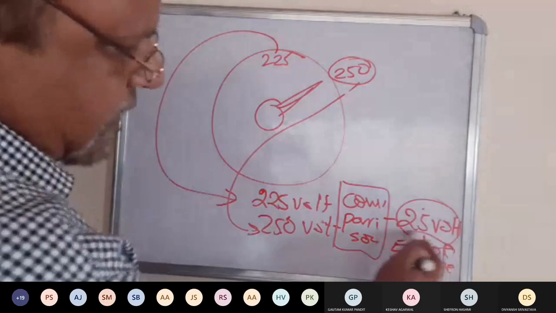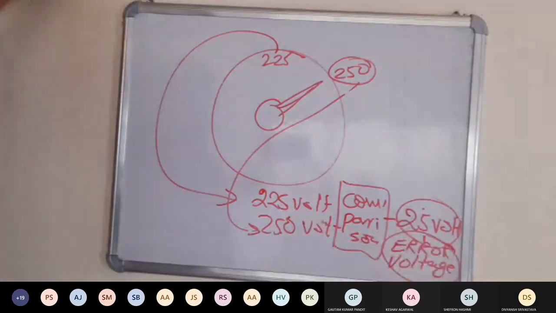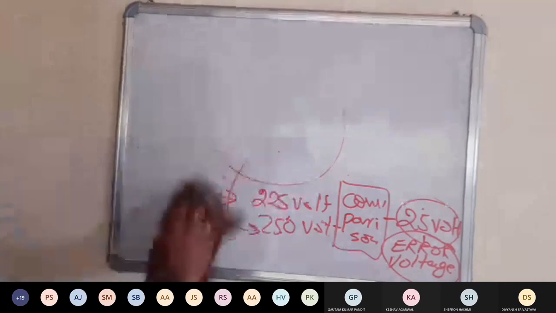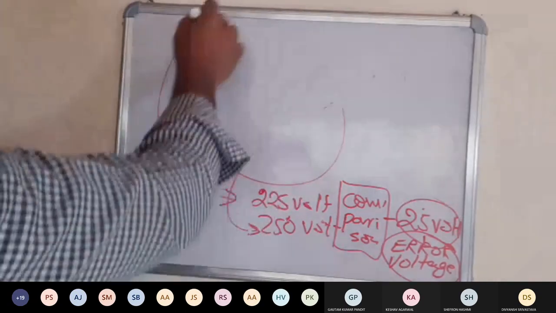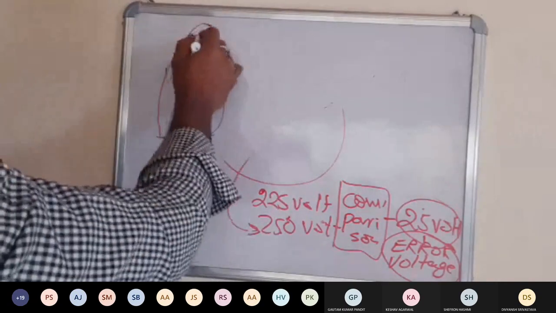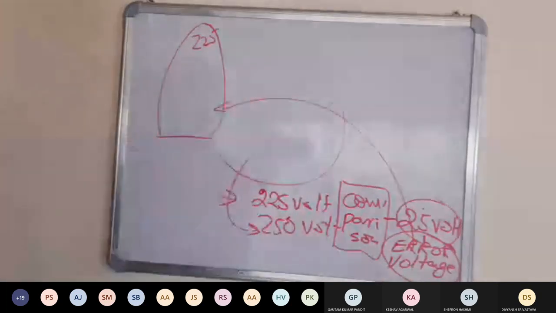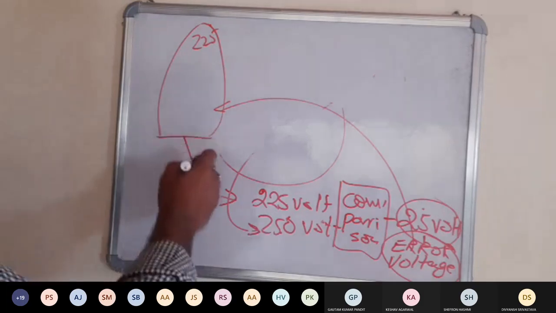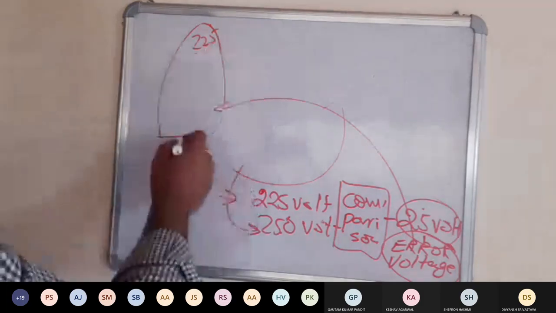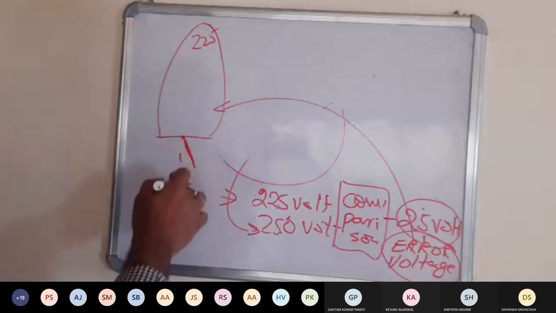This error voltage is what operates the rudder. That means when the ship is going like this, 225, और एरर वोल्टेज मिलती है ऑटो पायलट सिस्टम से कि 25 वोल्ट का डिफरेंस है, then it will try to give rudder whatever degrees.